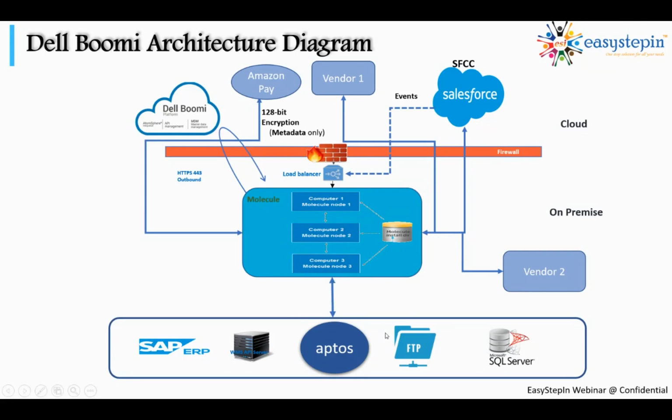So that is a real-time integration. As soon as the status is updated in Aptos, Boomi will pick up that record and update it back to SFCC, mentioning this is the current status.